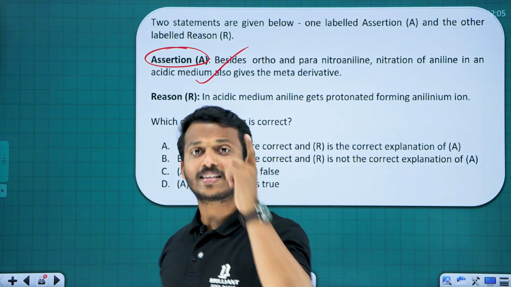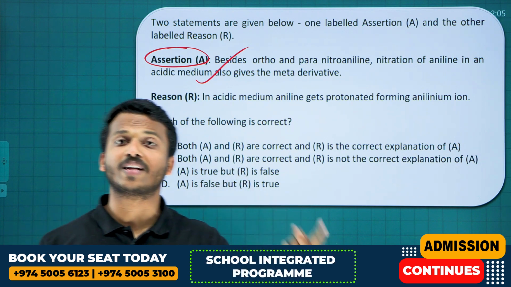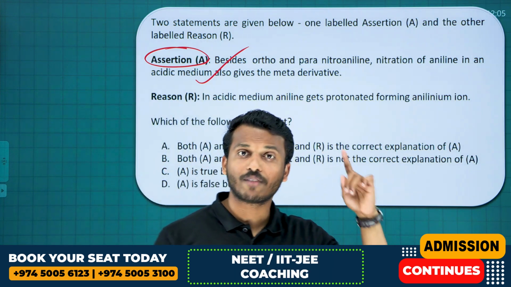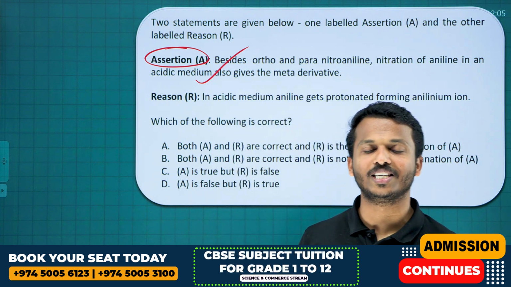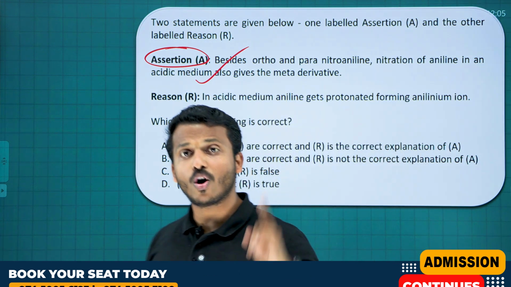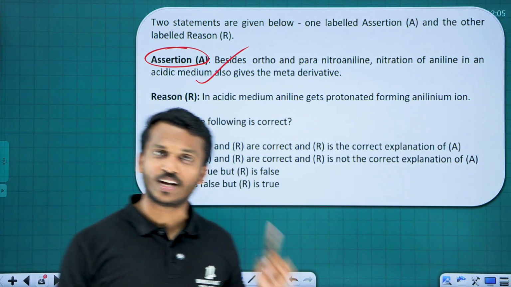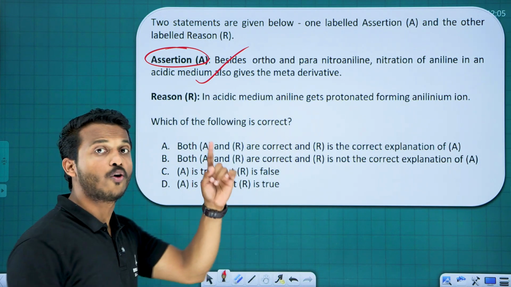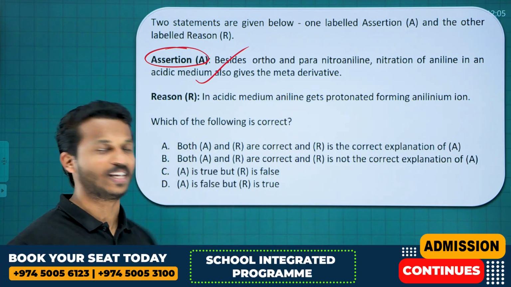Anilinium ion is a meta-directing group, so it gives the meta product also. Hope you remember 51% para, 47% meta, 2% ortho. Even though aniline is an ortho-para directing group, it gives a substantial amount of meta product because of the formation of anilinium ion in the acidic medium.